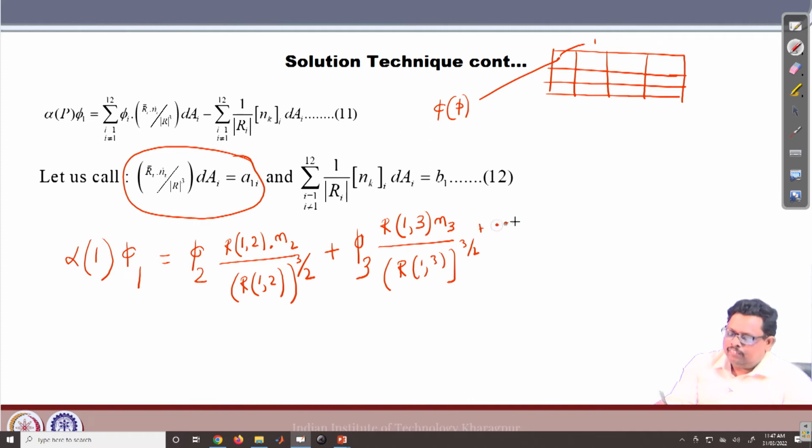Now, dot dot dot, what happens for some arbitrary ith panel?